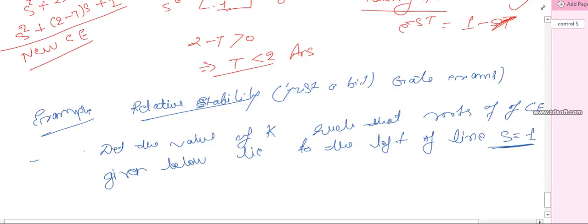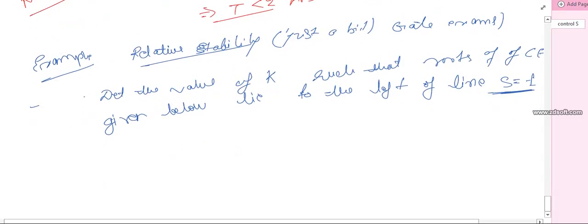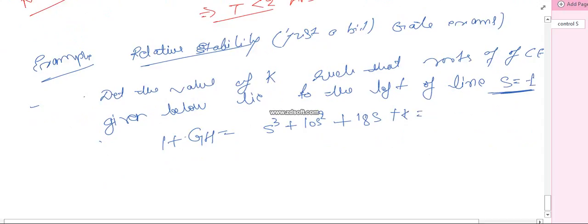So this is a kind of relation to determine the value of K, and the characteristic equation, 1 plus GH, is given directly: s cube plus 10s square plus 18s plus K is equal to 0.